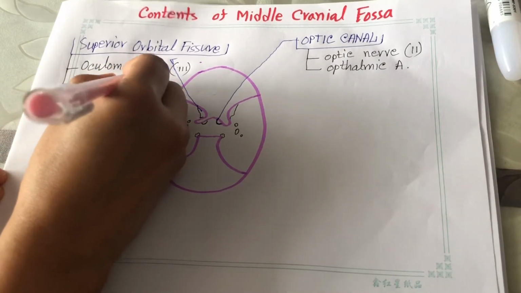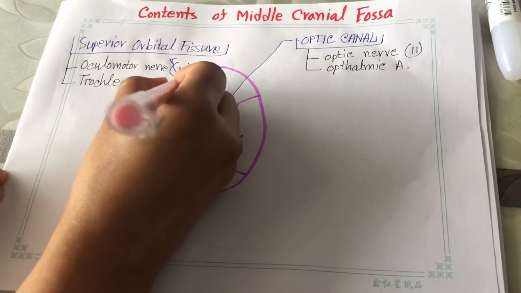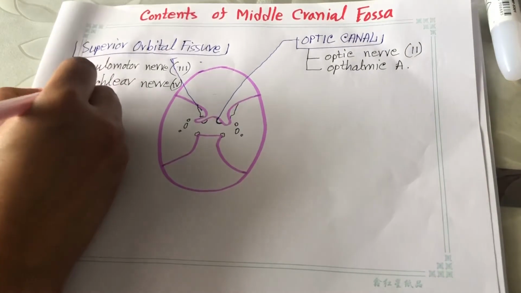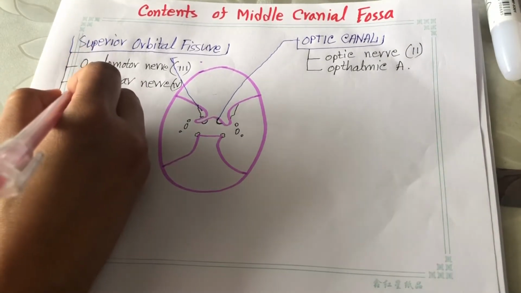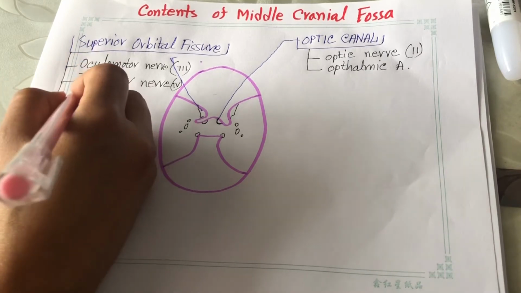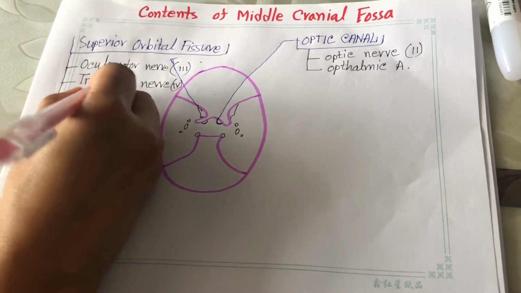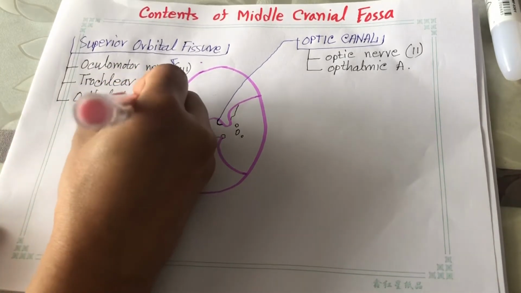Trochlear nerve or fourth cranial nerve. Then fifth cranial nerve, ophthalmic branch of fifth cranial nerve. So you can write ophthalmic nerve.